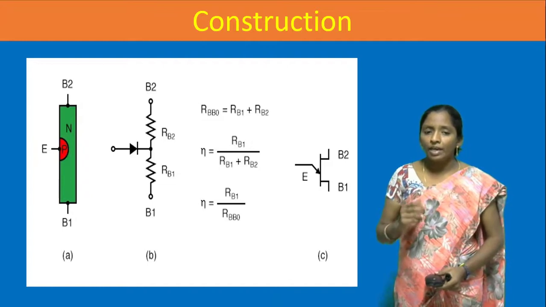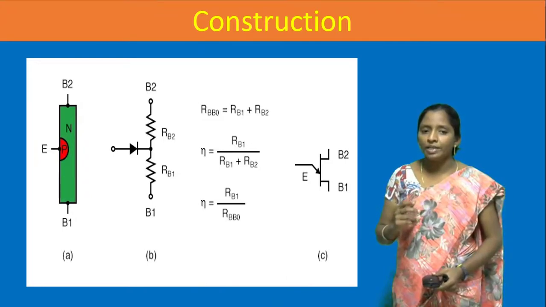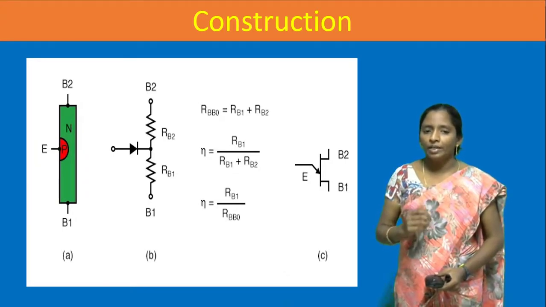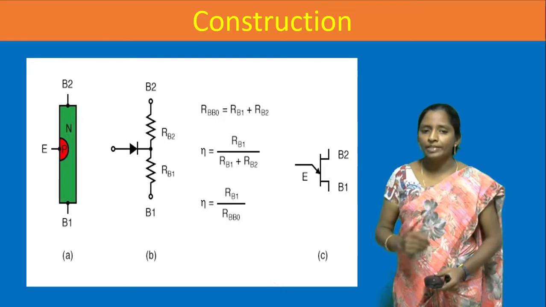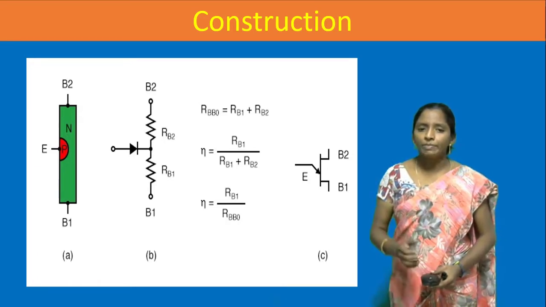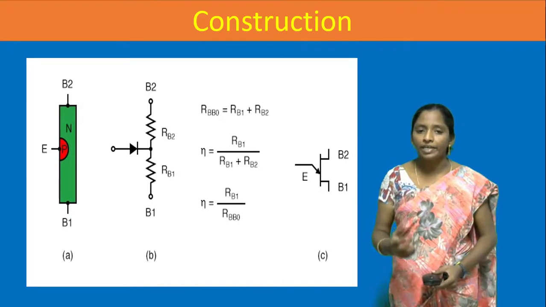We take heavily doped P-type material, alloyed at one side nearer to base 2, and from it we take the terminal known as the emitter. There is a gradient resistance between base 1 and base 2.